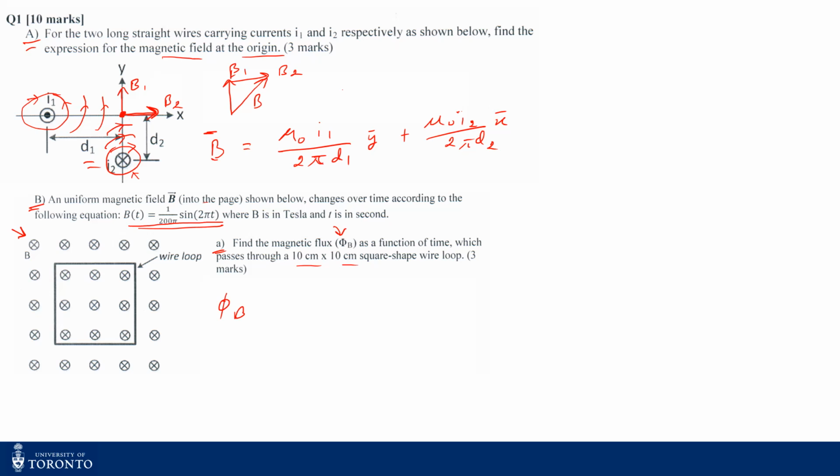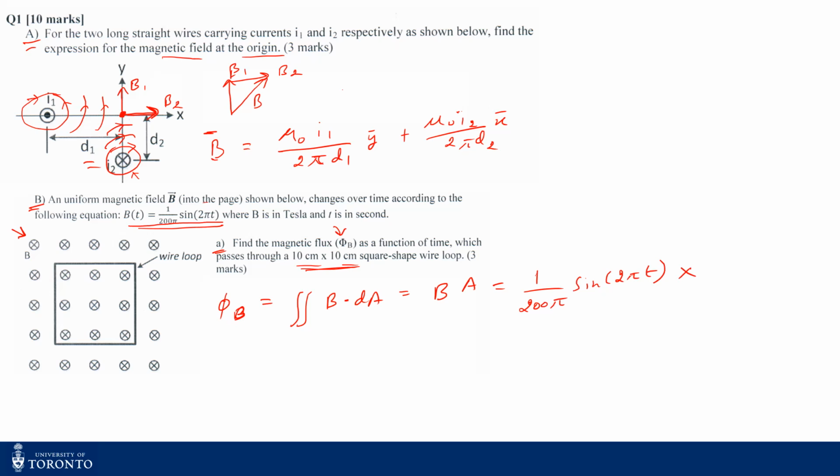We know that the flux through an area is given by the double integral of B dot dA, and in this case this is the integration of the area. So I know my area, and this is basically B times A. Now what's my B? My B is 1 by 200 pi sine 2 pi t.